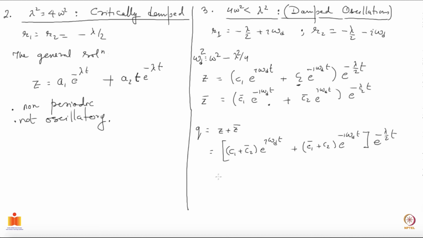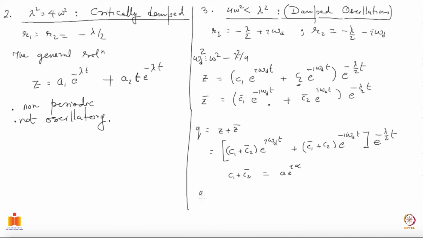Anyhow, now I will define C1 plus C2 bar, the sum of these two constants, to be a e to the i alpha, where a and alpha are real.